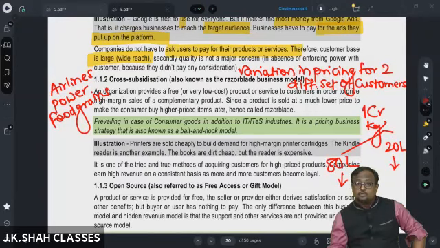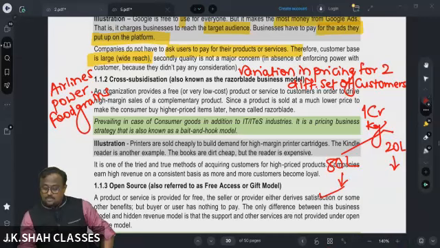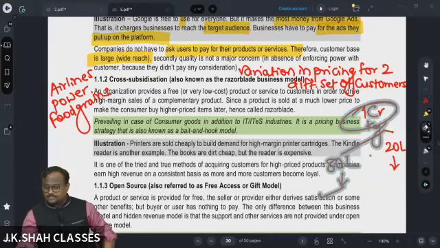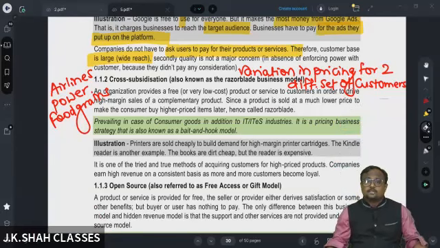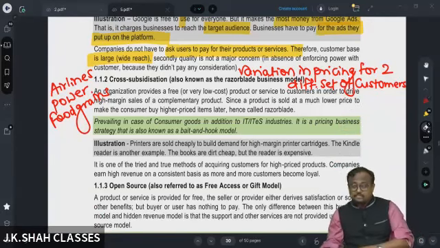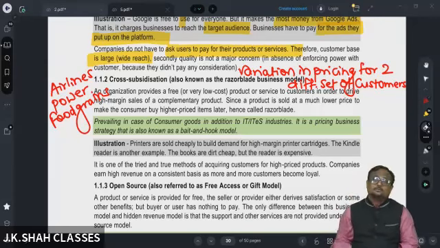This will be sold to the main customer at a higher price. So company gets its profit on 1 crore kgs. So one set of customers get a discounted price, another set of customers will pay for it.